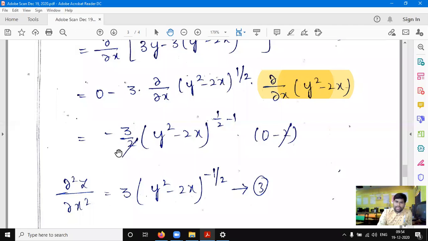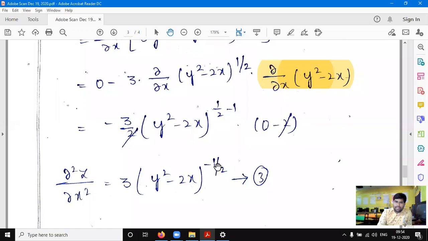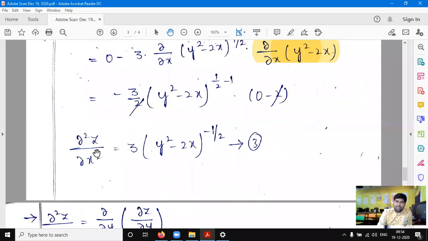So here the 2 gets cancelled, and minus and minus becomes plus. So ∂²z/∂x² is equal to 3 into (y² minus 2x) to the power of 1 by 2 minus 1, which is minus 1 by 2. Taking LCM 2, 1 minus 2 by 2, that is nothing but minus 1 by 2. So this is equation number 3.